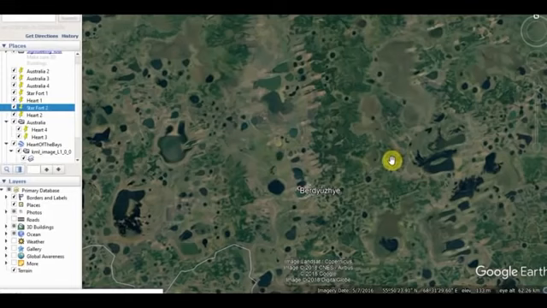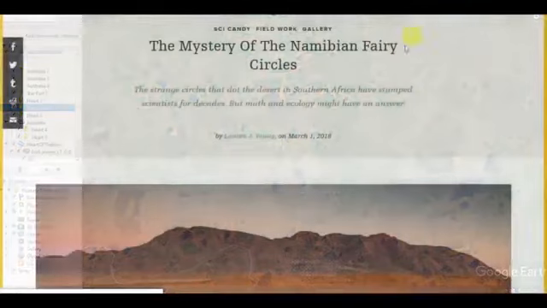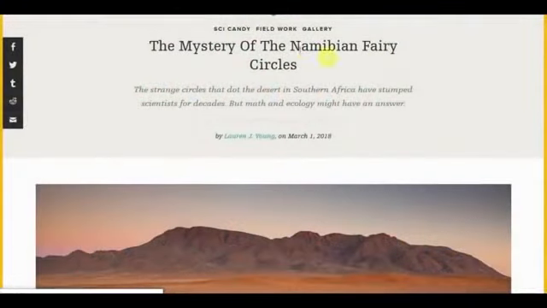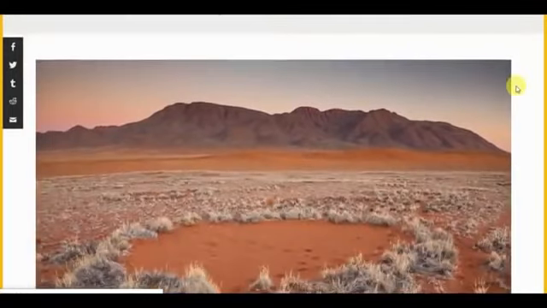Whew, okay, covered a lot of ground. There's just two more things I want to show you real quick. What I wanted to cover next, just briefly, is the mystery of the Namibian fairy circles.